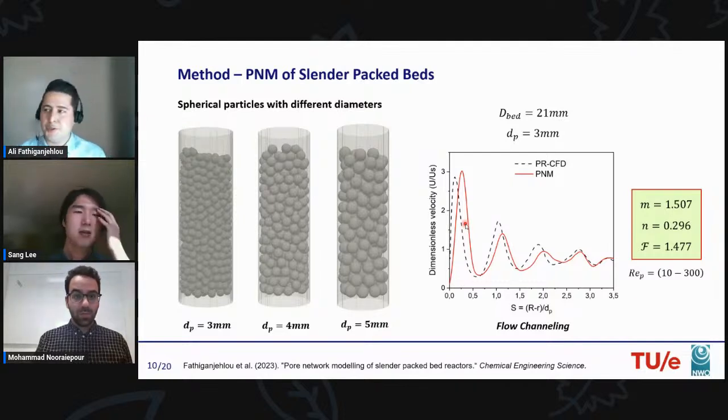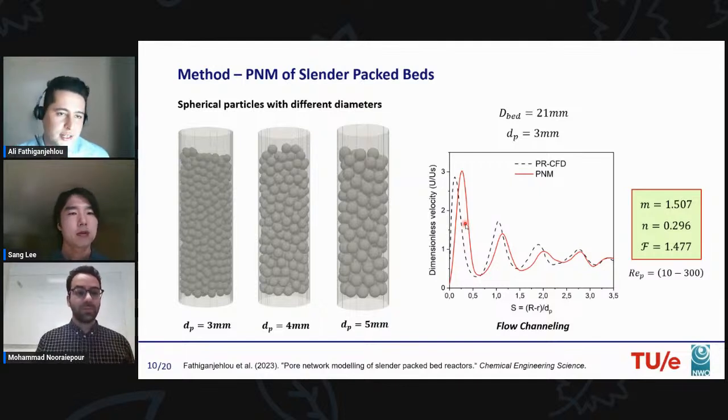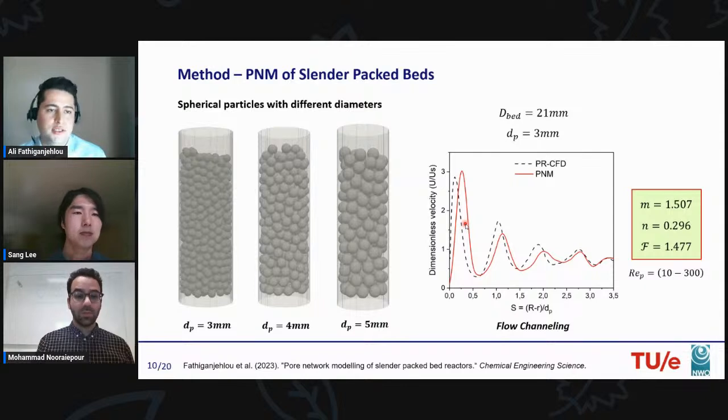Yeah, that's true. The reason we have wall channeling, also called flow channeling, close to the column wall is that we have a higher porosity there, and the pore shape is also different from what we see in the center of the column. The packed beds that we are investigating here are slender packed beds. In slender packed beds, the ratio of column diameter to particle diameter is usually very low, lower than 10.